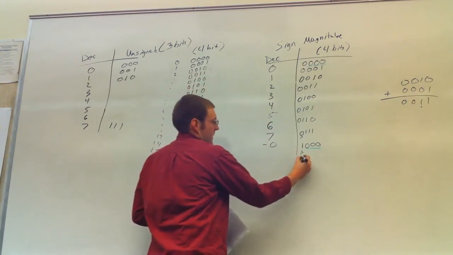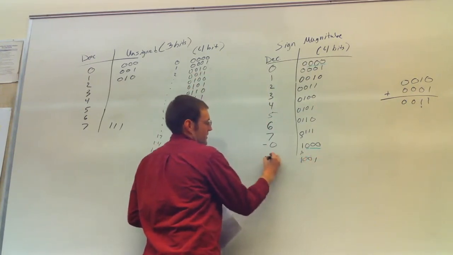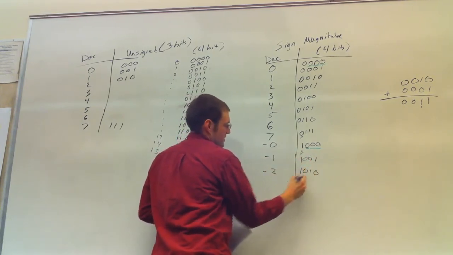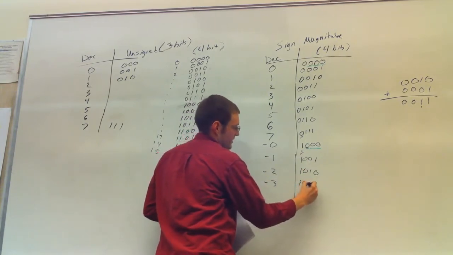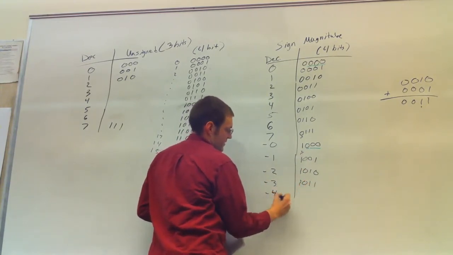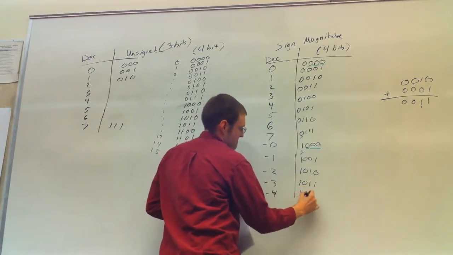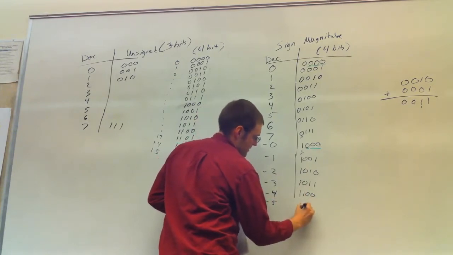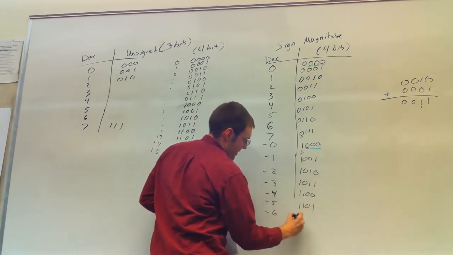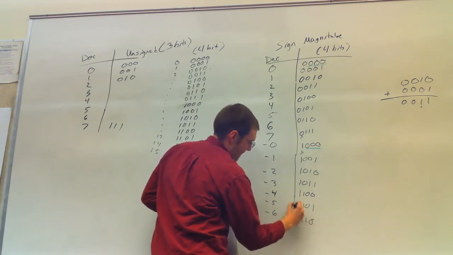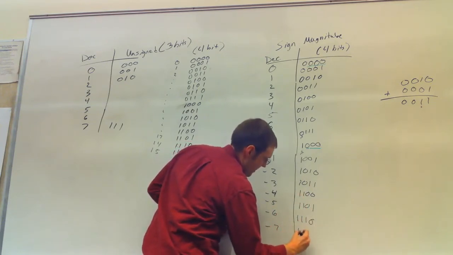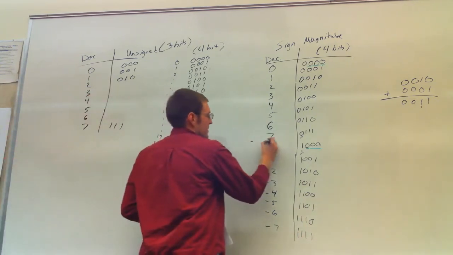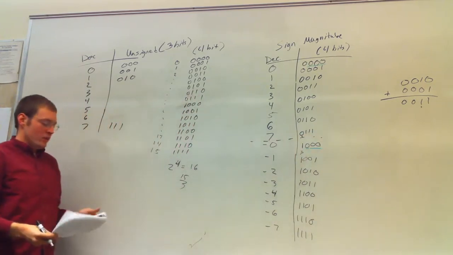So now I get negative 1 here, negative 2, 3. You can see in sign magnitude that all we did was add the 1 to it, right?